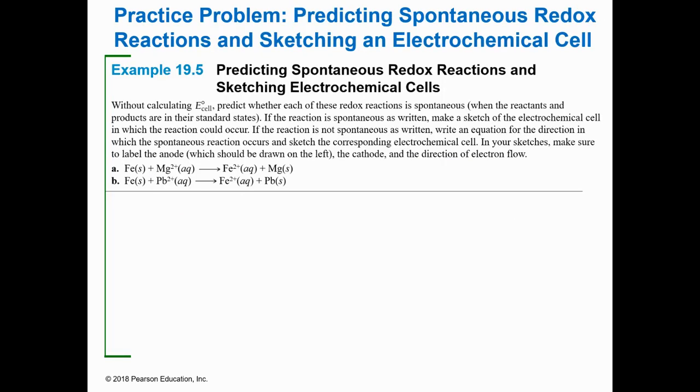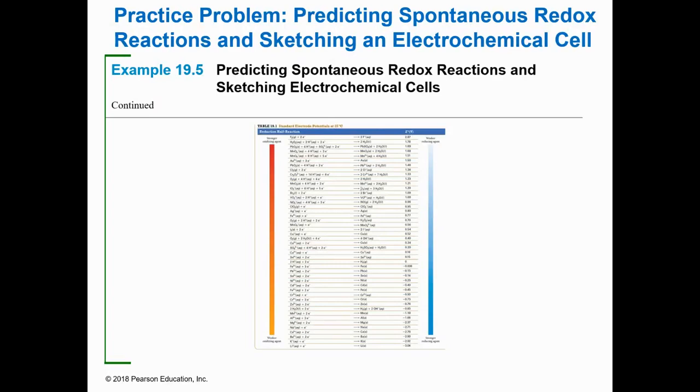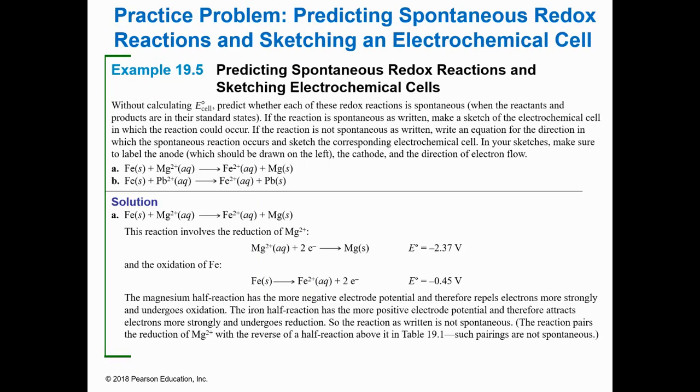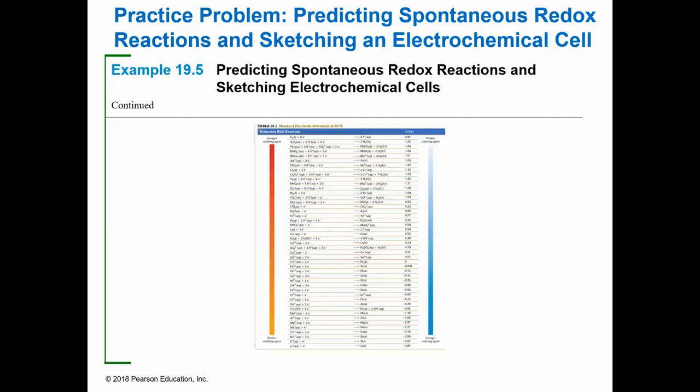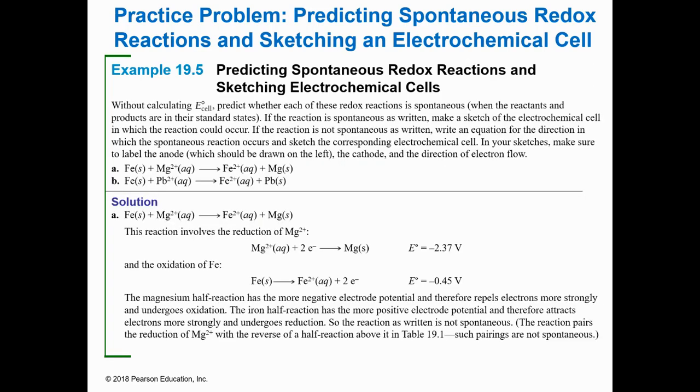So here it wants us to predict if it's spontaneous or not, but first you need to look at the chart. So here's our chart. We had what? Iron and magnesium. Okay, iron is being oxidized, I don't think. Okay, so once it's been oxidized, you've got to change the sign.